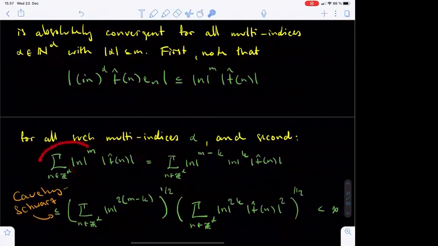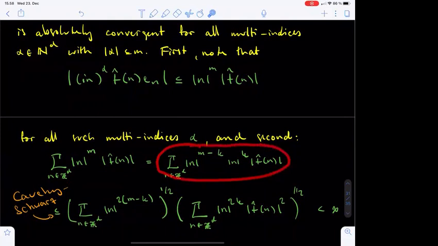Indeed, to evaluate the sum over all integer d-tuples n of the numbers norm of n to the power m times the absolute value of f hat(n), we first multiply and divide each term individually by the constant norm of n to the power k. We end up with the sum over integer d-tuples n of the numbers norm of n to the power m minus k times the norm of n to the power k times the absolute value of f hat(n).